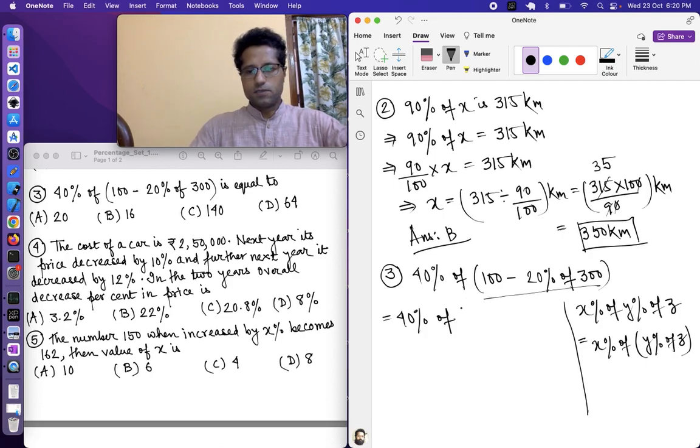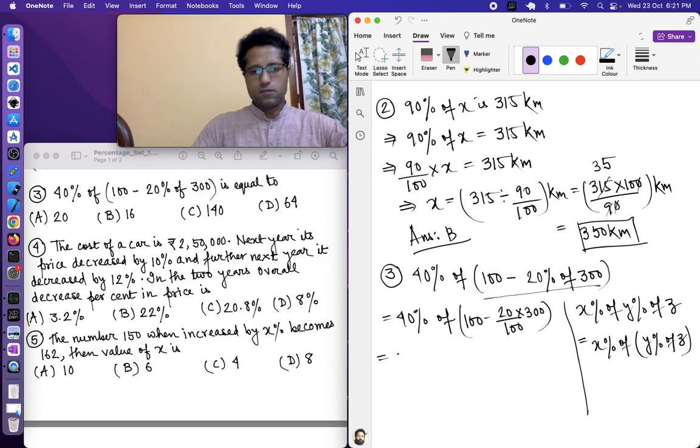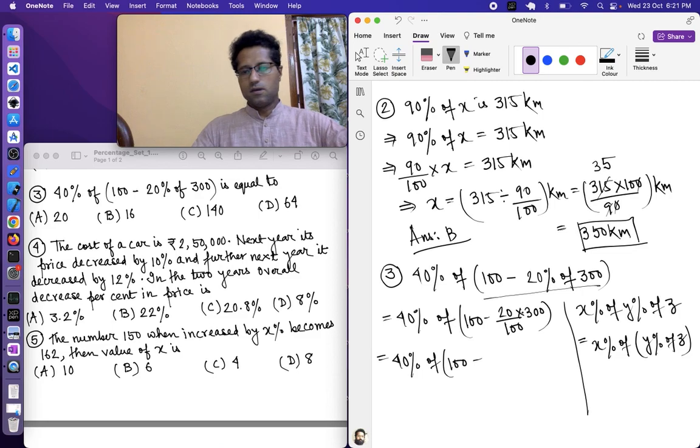So we have 40% of 100 minus, we have to first evaluate 20% of 300. Now 20% of 300 is 20 by 100 multiplied by 300. So this is equal to 40% of 100 minus, if you simplify 20 by 100 multiplied by 300, it becomes 60.